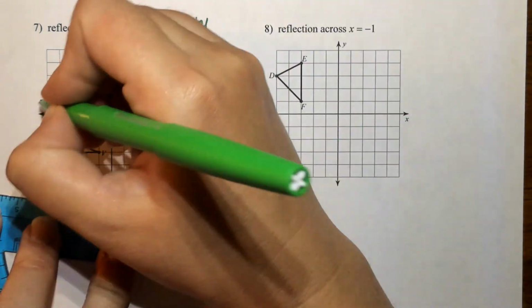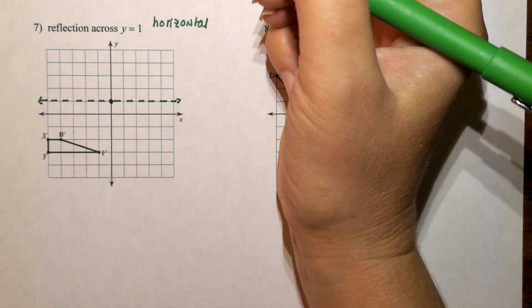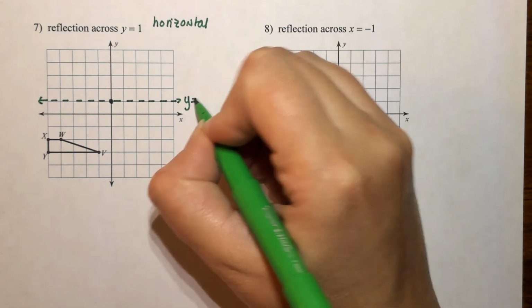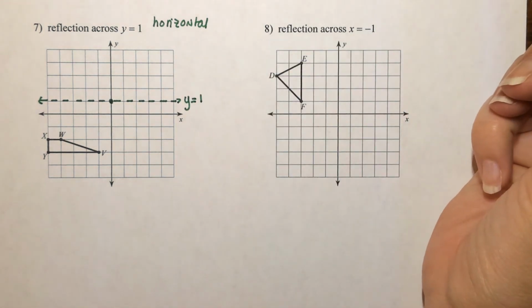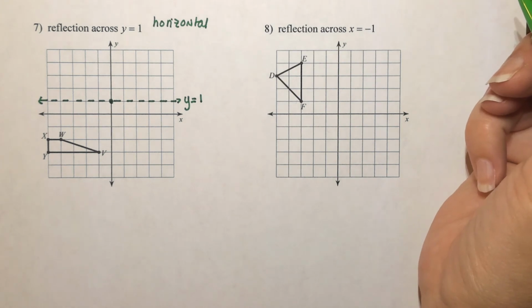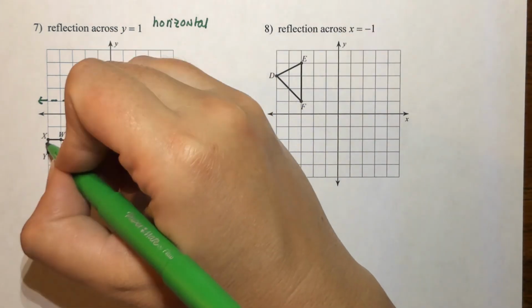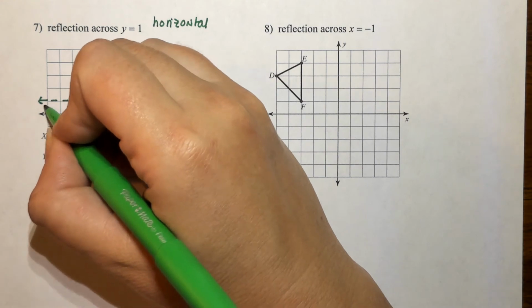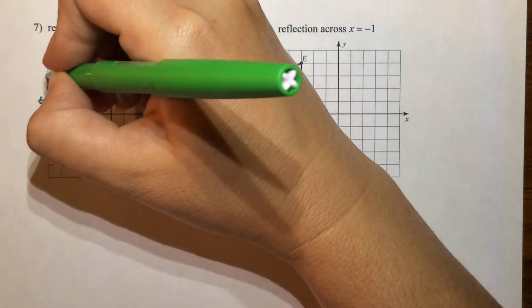Okay. So there's y equals 1. And what I want to do to reflect across y equals 1 is count the boxes to y equals 1. So X is 1, 2, 3, 3 boxes from that line, so I'm going to count 1, 2, 3 boxes on this side.